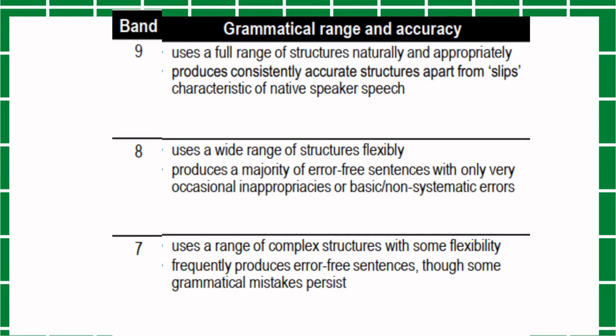And for 8, they use a wide range of structures flexibly and produce the majority of error-free sentences. For band 9, they use a full range of structures naturally and appropriately and produce consistently accurate structures.